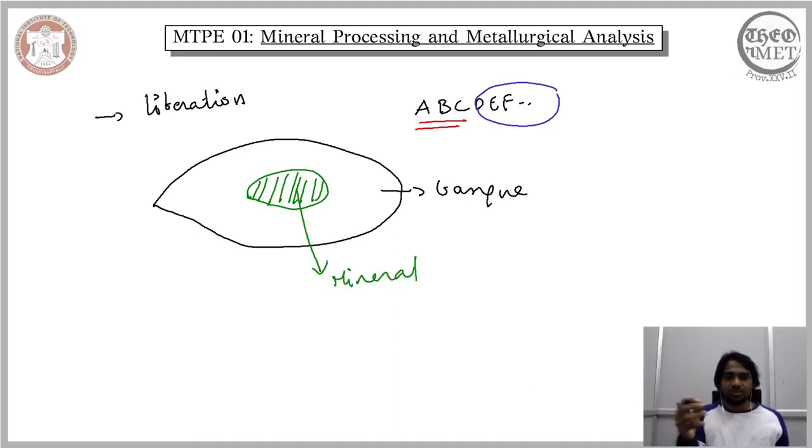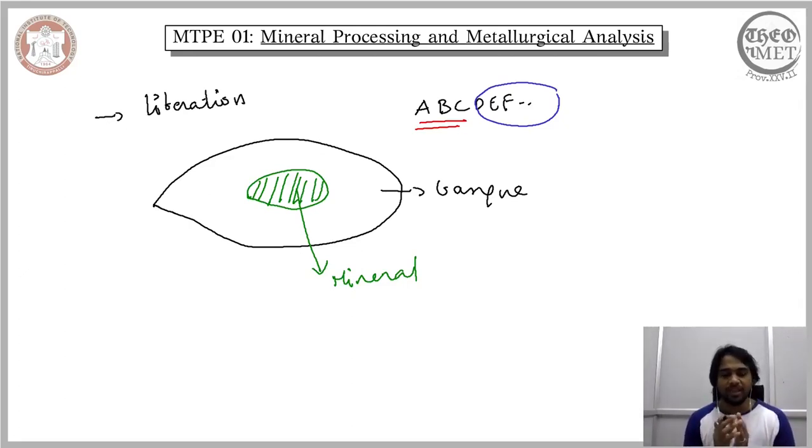So in this context of liberation, or the overall process of beneficiation of the minerals, wherein we are trying to distinguish a set of minerals that are not important to us, that we treat as impurities, we will refer to them as gangue, and the other mineral that is of interest to us, we will refer to as mineral. Even though both of these are minerals, for the ease of communication, we will refer to the impurities as gangue, and the other, which is of interest to us, as minerals. So this I hope you are clear with.